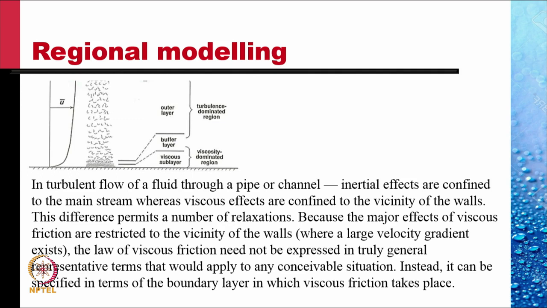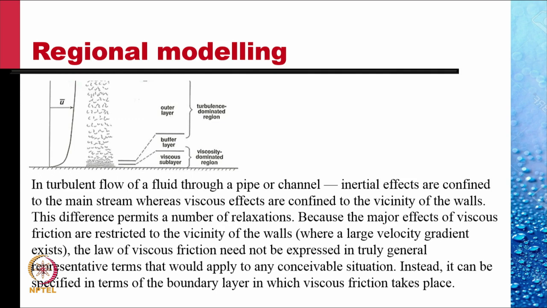Another case of regional modeling is, of course, the turbulent flow of a fluid through a pipe or channel. The inertial effects are confined to the main stream, whereas the viscous effects are confined to the vicinity of the walls.